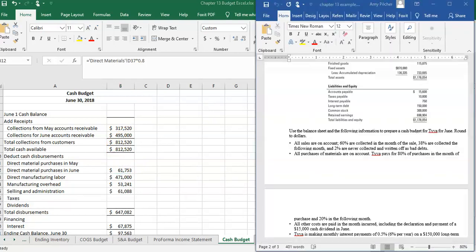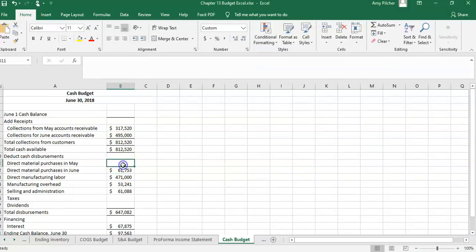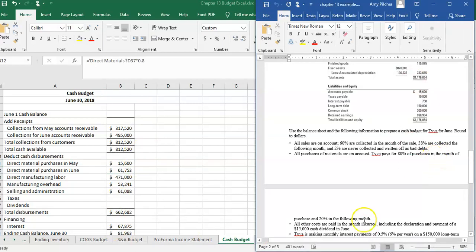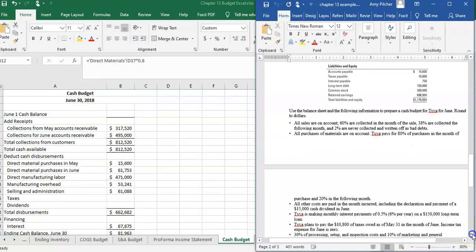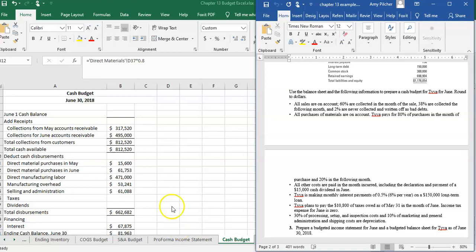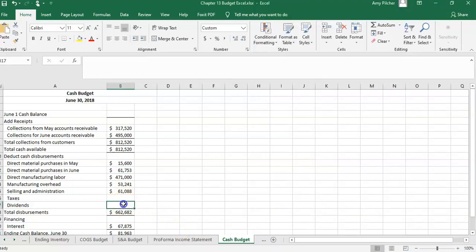So we have an accounts payable of $15,600. All of that is going to be paid. We have all other costs paid in the month incurred, including the declaration and payment of a $15,000 cash dividend in June. So in June, we're going to pay a $15,000 cash dividend.